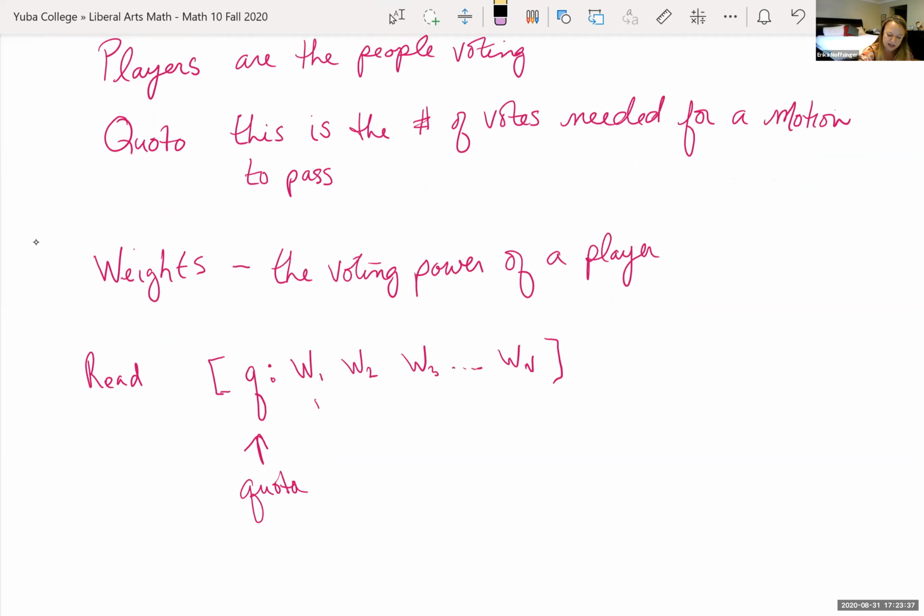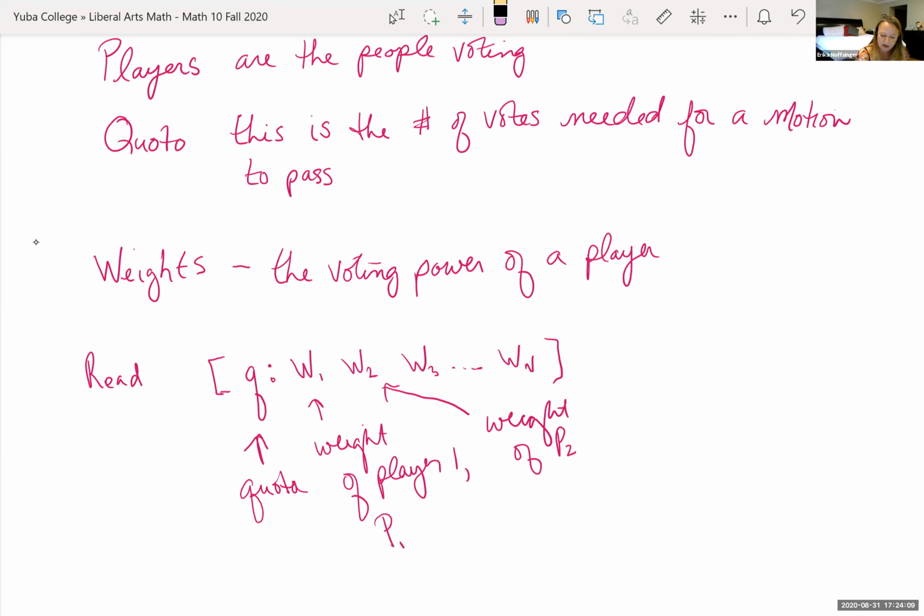And this W1 is the weight of one of the players, and we're going to call them player 1. You're going to denote player 1 with a capital P and a little 1 subscript. So W2 is the weight of player 2, and WN is the weight of player N, so P subscript N.